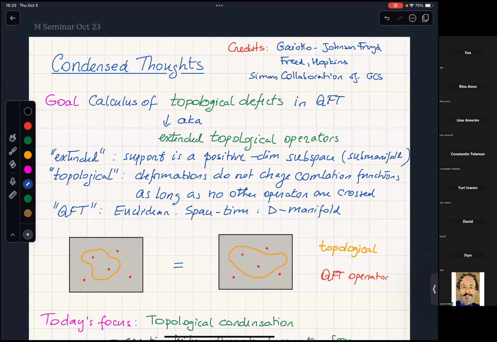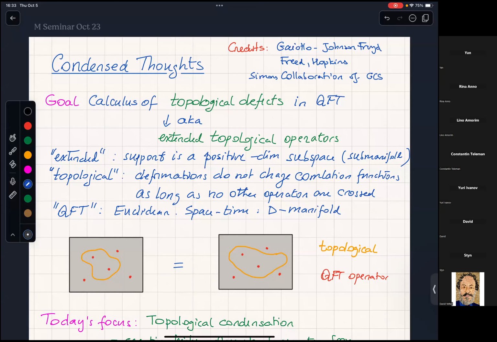In other words, topological defects are extended topological operators, and sometimes we call them generalized symmetries. And it's really about the long project of trying to make precise the wish list that physicists tell us they have in quantum field theory, and deciding what kind of math structure we need to execute that.